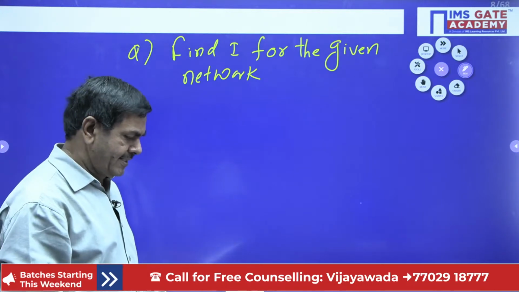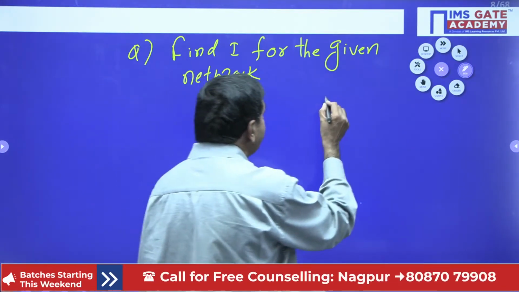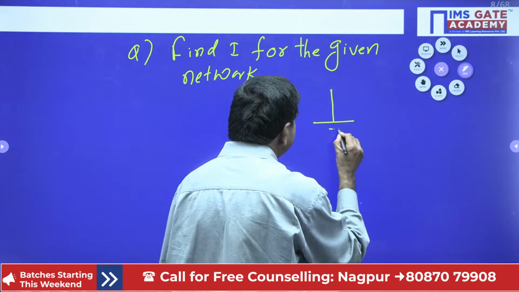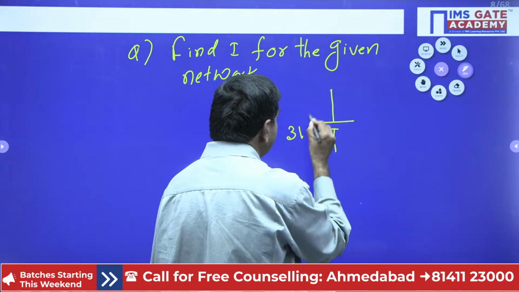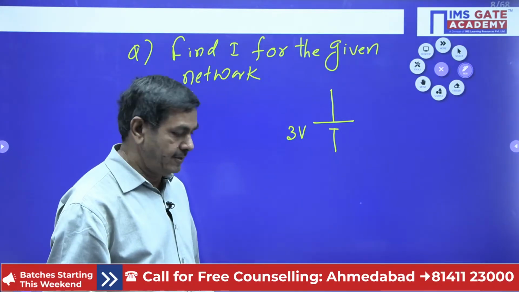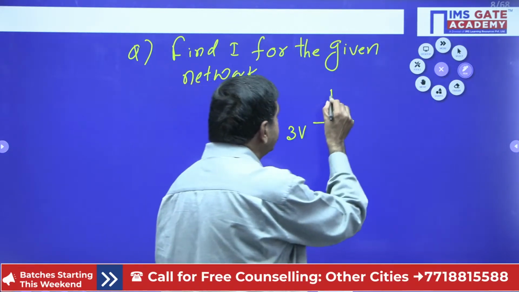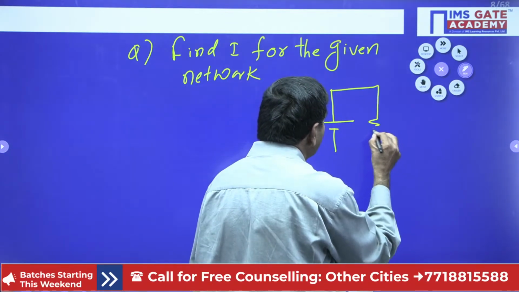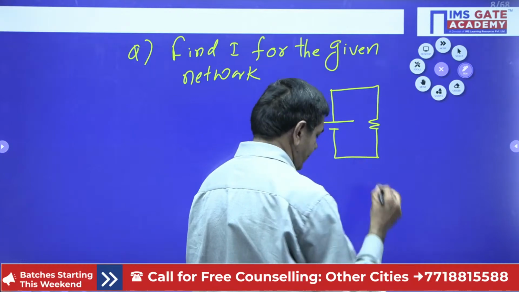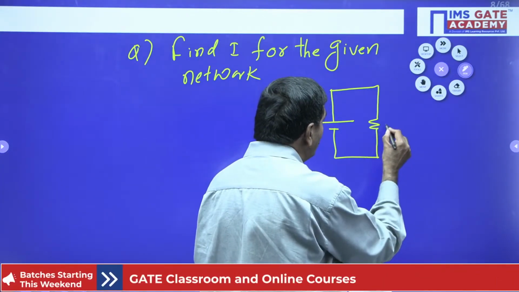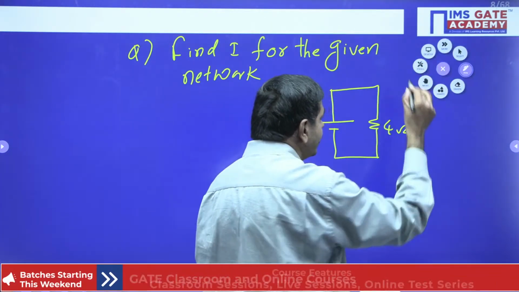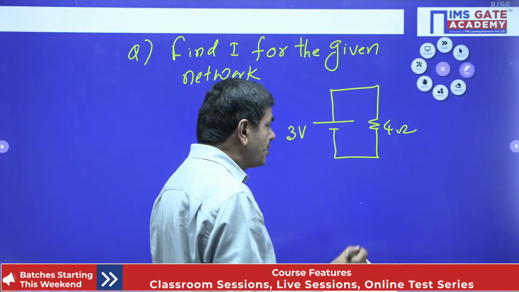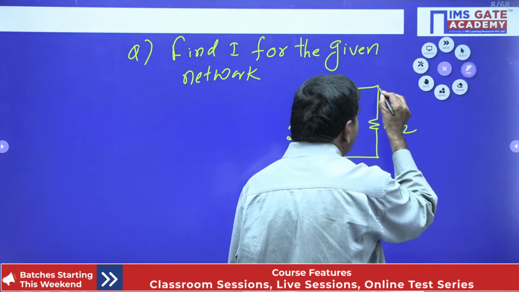Please watch. Here is given one 3 volts battery. 3 volts battery is connected here, and this is connected in parallel to 1 resistor. Its value is given 4 ohms. And also given 0.25 amperes of current.